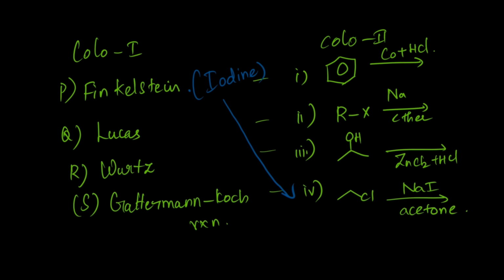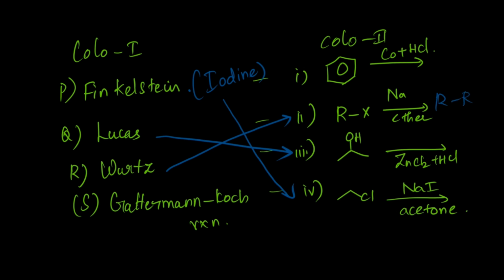The next one is Lucas. The Lucas test is for distinguishing primary, secondary, and tertiary alcohols, so undoubtedly that belongs to the third one. Then Wood's reaction: it is for the preparation of higher alkanes, so this will give R-R.